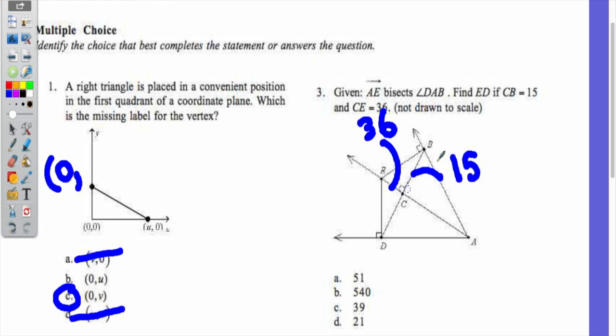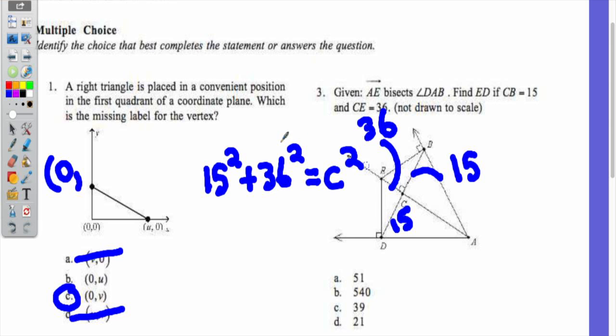Because this is an angle bisector, and this point is equidistant from the sides, these are the same length. You're finding DE. So you have a right triangle, you want to use the Pythagorean Theorem. The legs have lengths of 15 and 36. So 15 squared plus 36 squared equals C squared.